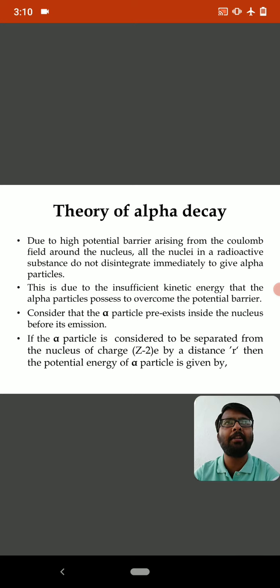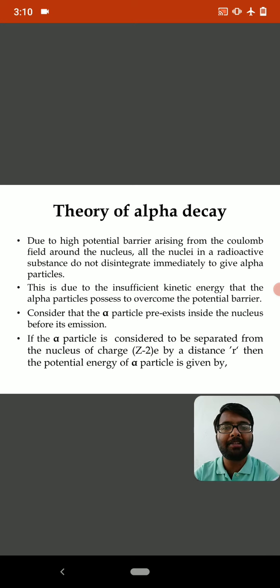The alpha particles have to come out through that potential barrier for emission, and the reason is that the alpha particles do not have sufficient kinetic energy to overcome it. That's why all radioactive substances do not disintegrate immediately.